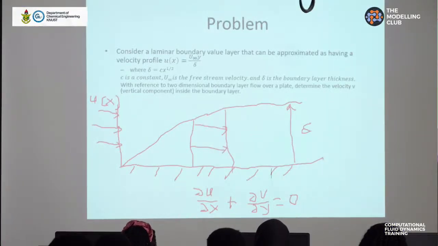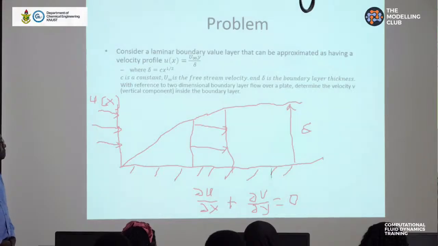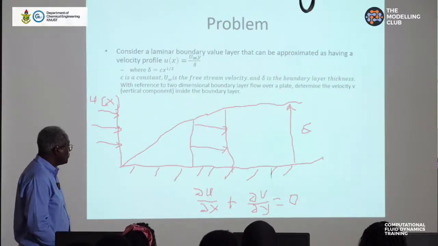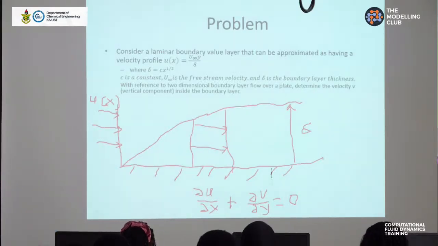Yes, they are partial derivatives. What is the trick to finding the velocity in the vertical direction, the v velocity?